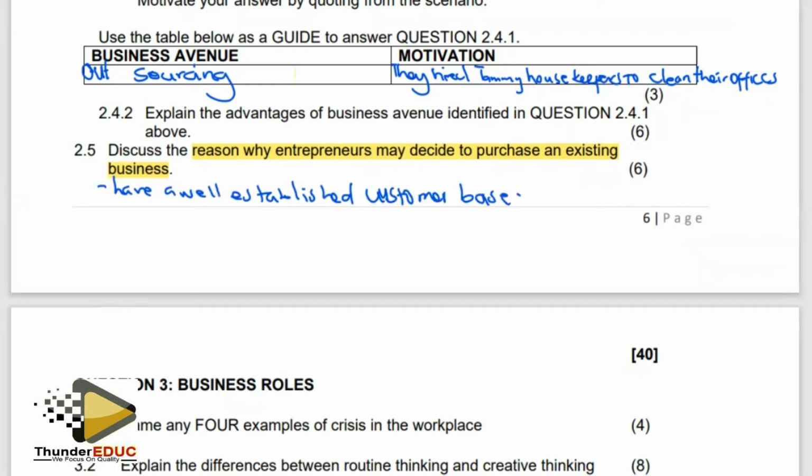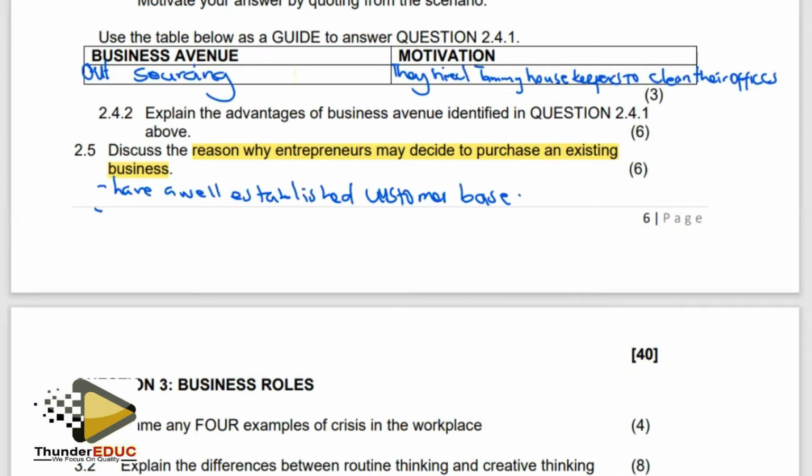Get that? There is no need to look for customers. They are already existing. So, very important, you purchase an already existing business as long as it has its clients. You are going to just continue operating.